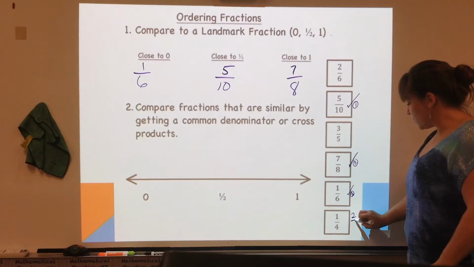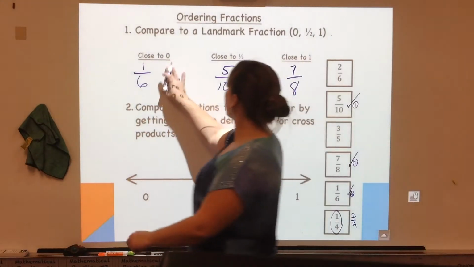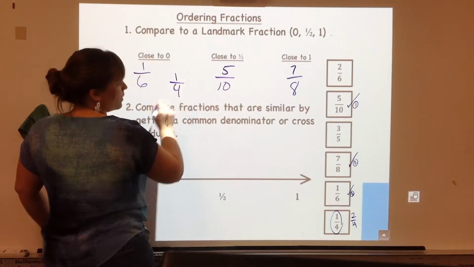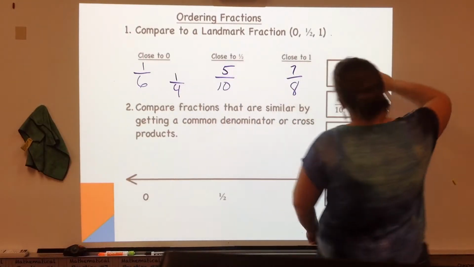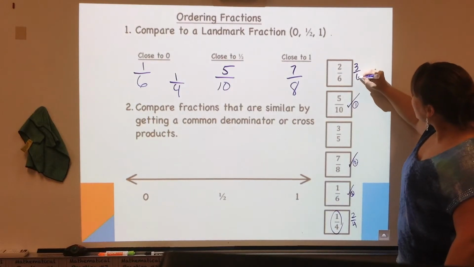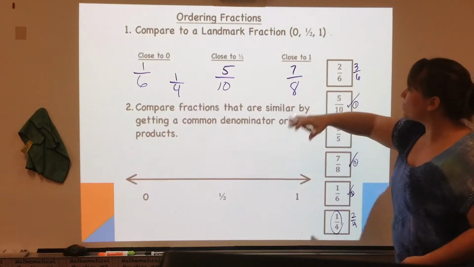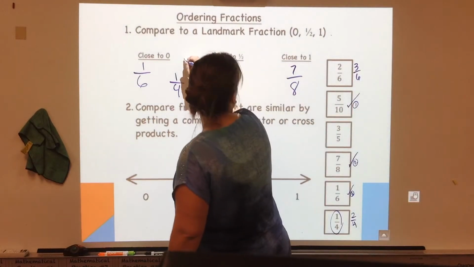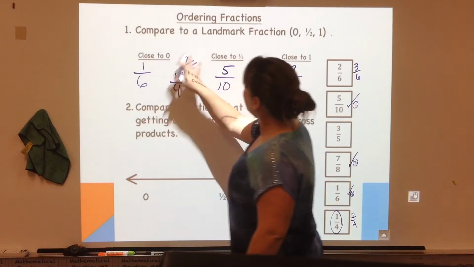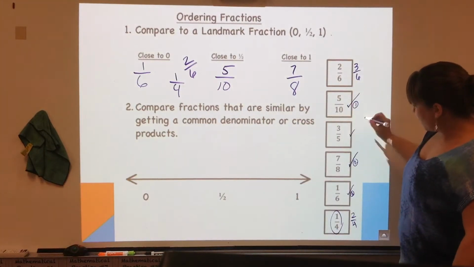So 2/4 is 1/2, and 1/4 has to be below that. So it's going to be somewhere in here. 2/6: half of 6 is 3, so halfway is 3/6. This has to also be lower than half, so I'm going to put 2/6 over in this area. Again, we're just categorizing. And that leaves 3/5.